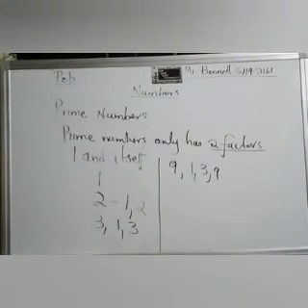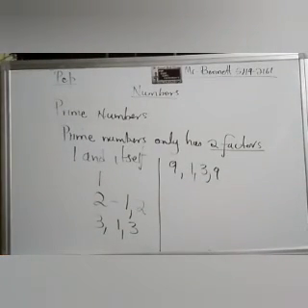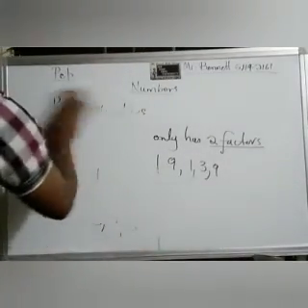Alright guys, so what would we call 9? There must be a special number for numbers like 9 since they are not prime numbers, right? These are numbers that have more than 2 factors. If it has 3 and more, then we have a special name for that number.